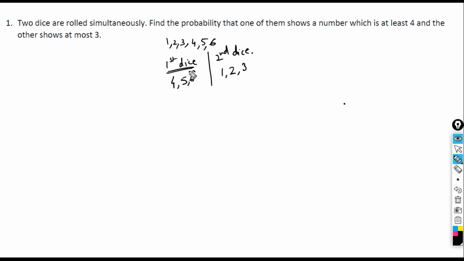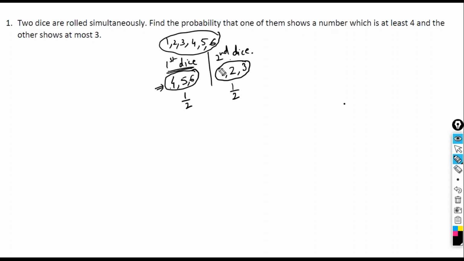On the first dice, if we get 4, 5, 6, which are my favorable possibilities, any number out of these three is a favorable case out of 6. So the probability for the first dice of getting a number which is at least 4 is 1 by 2. Likewise, on the second dice, again there are three possibilities out of 6, which gives a probability of 1 by 2.